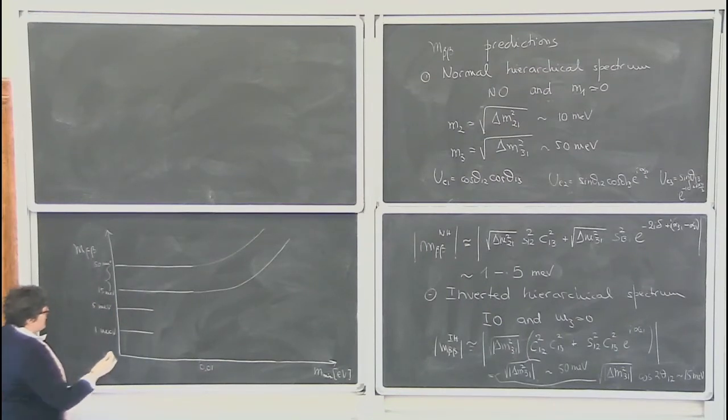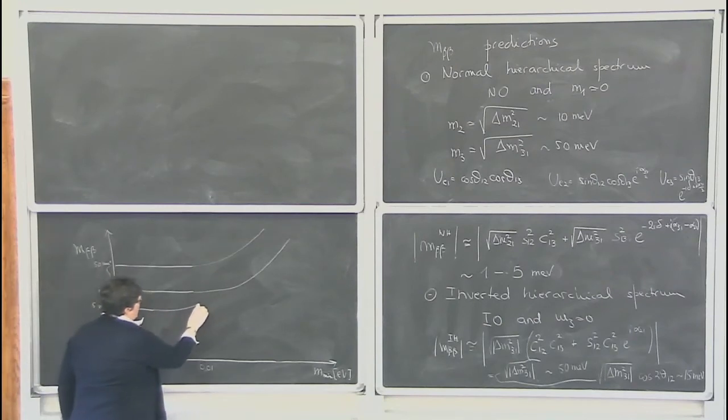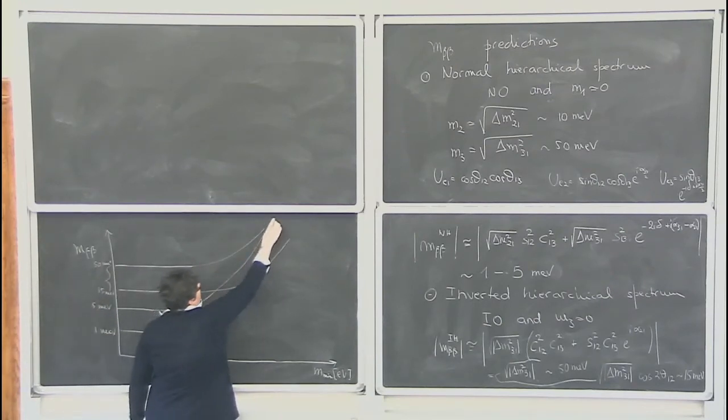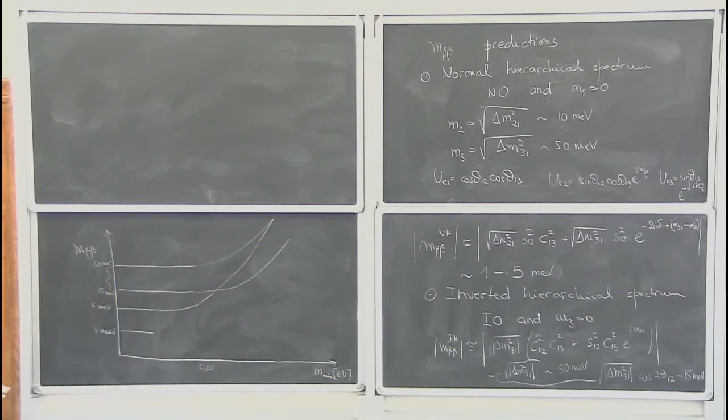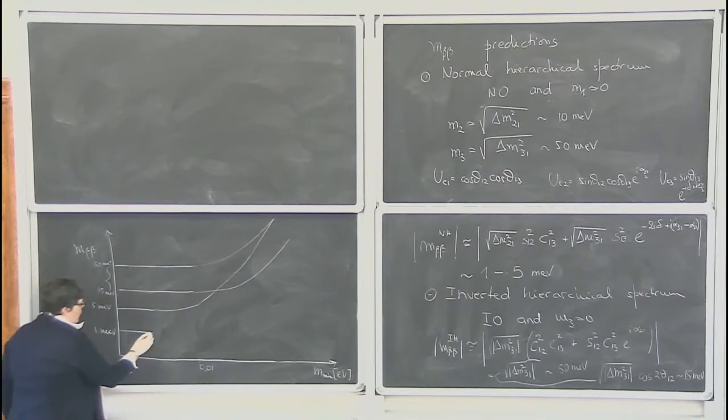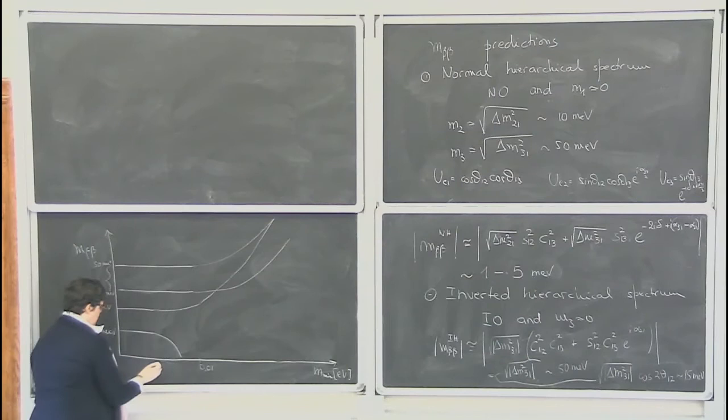As I increase the masses, at some point these will join, because when I can neglect the mass square differences, I cannot distinguish normal from inverted ordering in neutrinoless double beta decay. But I can have also this possibility of a cancellation.